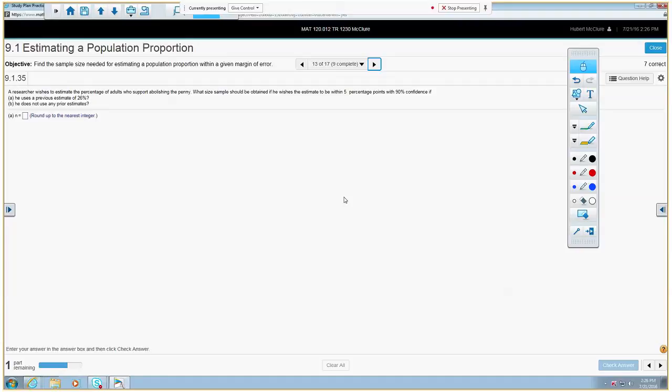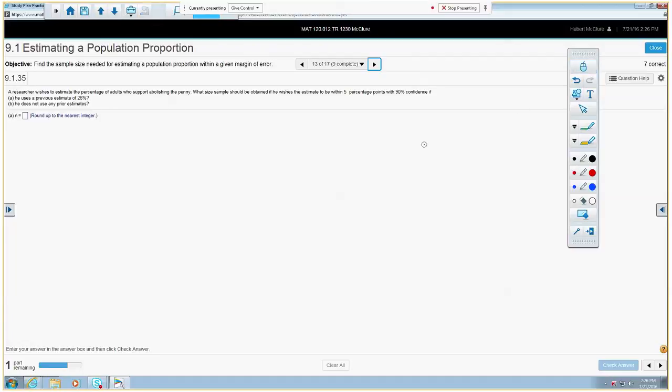All right, so crank that in. It says a researcher wishes to estimate the percentage of adults who support abolishing the penny. What sample size should be taken to be within 5 percentage points? So E is equal to 0.05. 90% confidence interval, that gives us our Z-score. And he uses a p hat of 26%.